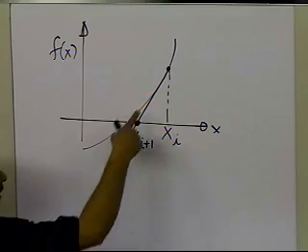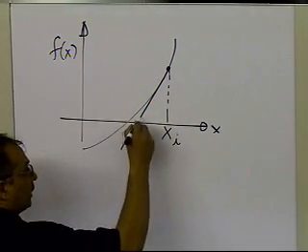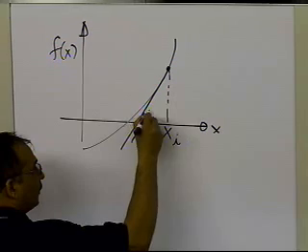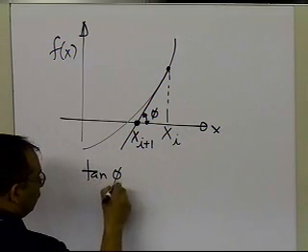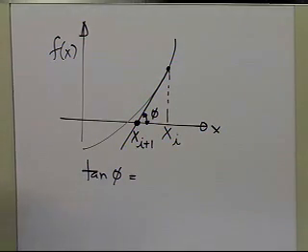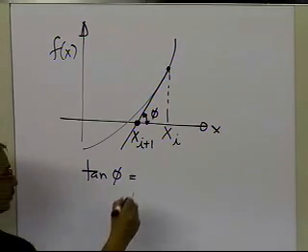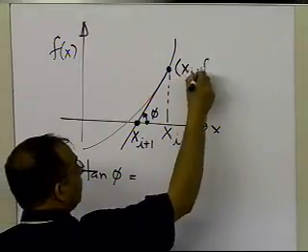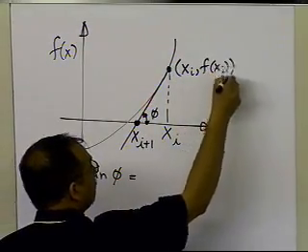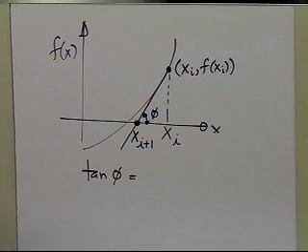So if this is the tangent line to the function, and let's suppose this angle is phi, then the tangent of phi will be rise over run. The rise will be the value of the function. This particular point is nothing but x of I comma f of x of I, the x and the y coordinates of that point.